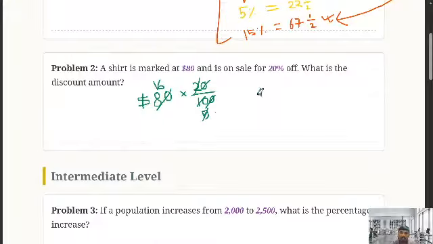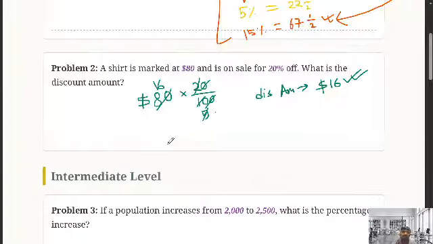The discount amount is $16. This is the answer. It's a very easy question and also very important.